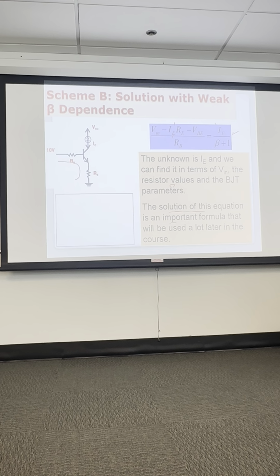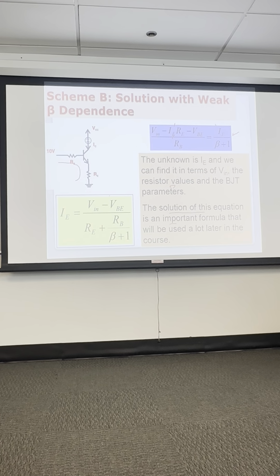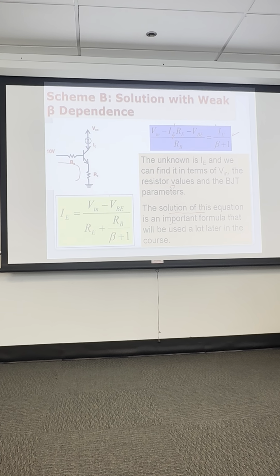Everyone have your own version of I sub E. Now if your version looks similar or the same as this, then you obviously have the correct result here. And in this equation, in the denominator, you have R sub E plus R sub B over beta plus 1. Now, is this equation beta dependent?